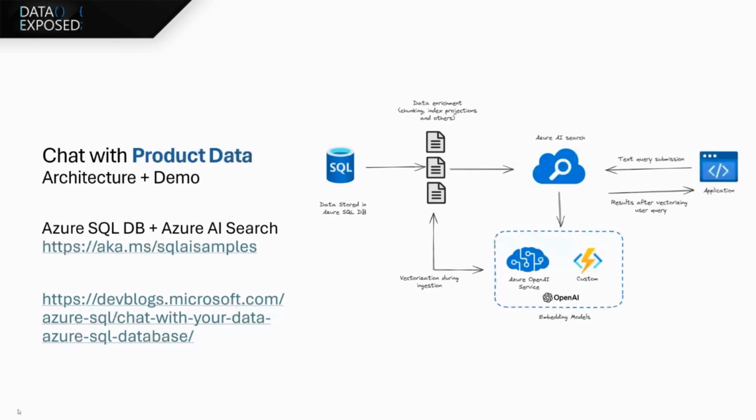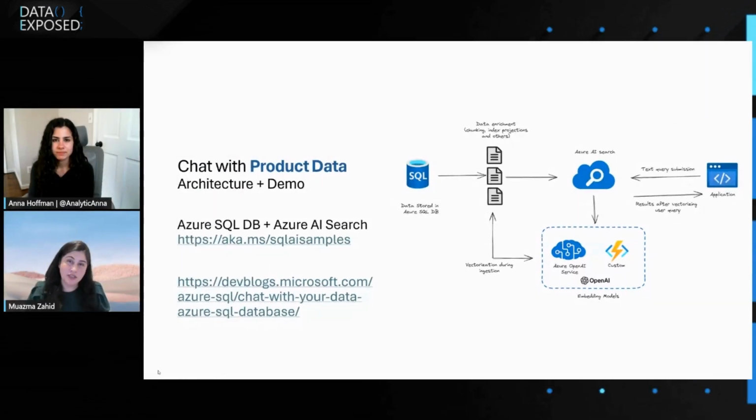And what you can do is you can index that data in Azure AI Search. There's a concept of a data source. When you go to data source, you can connect your Azure database directly to it. On top of that, you can create two things. One is called an index, and the other is called an indexer. So you basically index the data stored in Azure SQL database directly in Azure AI Search or Azure Cognitive Services.